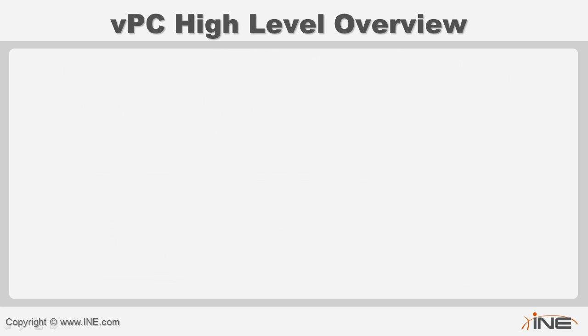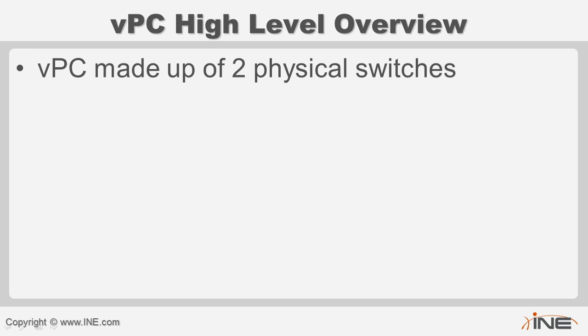Now, from a very high-level overview, we could break the VPC down into a couple fairly simple parts when we look at just the overall functionality of the feature. Okay, the first of which is going to be the two physical switches that we're actually doing the channeling between. These are what we consider the VPC peers.